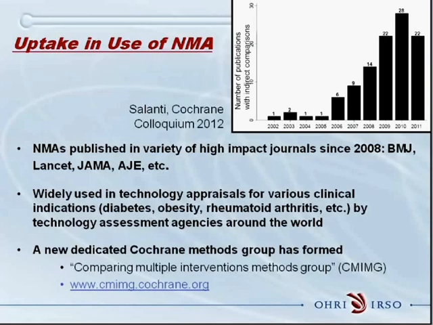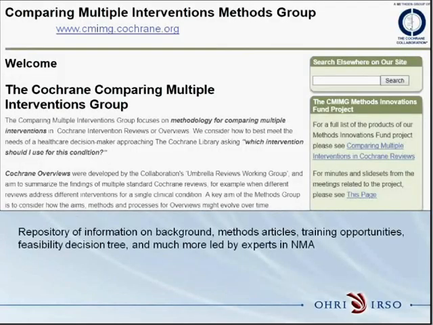Today's a Cochrane webinar, so I certainly need to also mention that Cochrane has a devoted methods group for dealing with multiple intervention reviews. The Comparing Multiple Interventions Methods Group, and you can find their website at the link I've shown here, cmimg.cochrane.org. If you do go to that website, you'll find a lot of very useful things to look at.